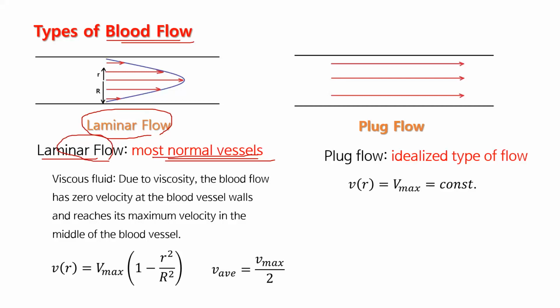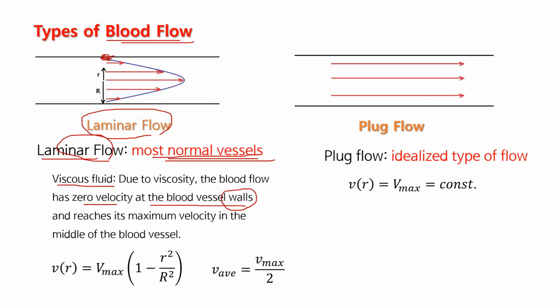In laminar flow, the blood is a viscous fluid, so it has viscosity. Due to the viscosity, the blood flow has zero velocity at the blood vessel's walls.